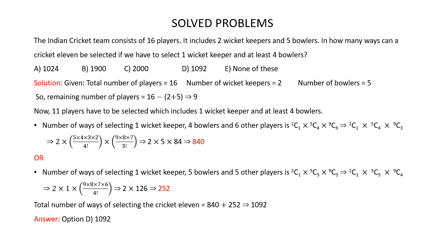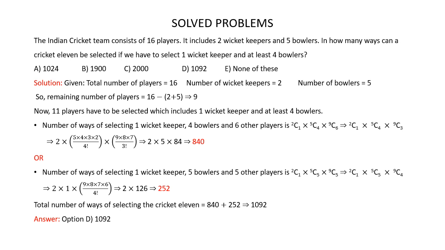Now here the 4 factorial in the denominator and 4 multiplied by 3 multiplied by 2 in the numerator get cancelled and we are left with 5 here. Now we know that 3 factorial is 6 and on solving this we get 84. So now we have 2 multiplied by 5 multiplied by 84, which is 840.